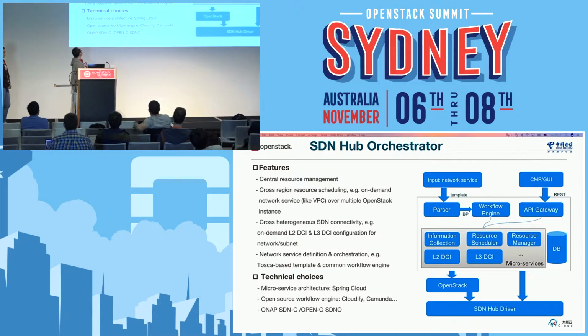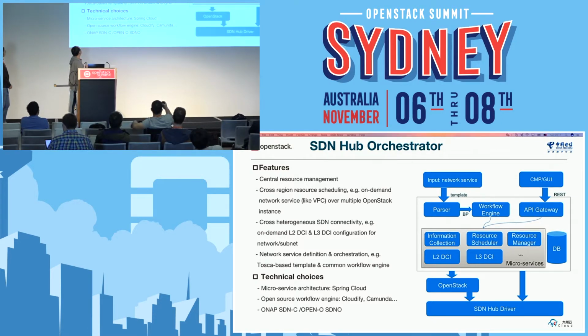And we will also finish the cross-region resource scheduling. Because all of the resources are registered into the DB, it has the ability to schedule the demands from the upper layer.